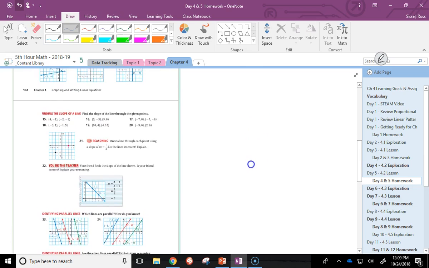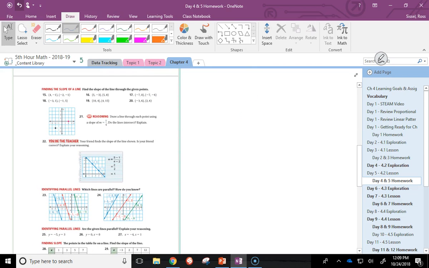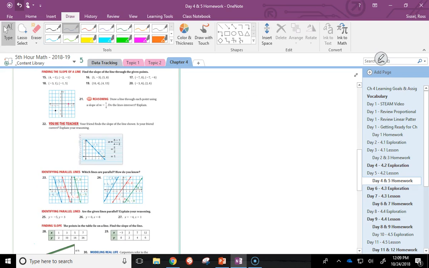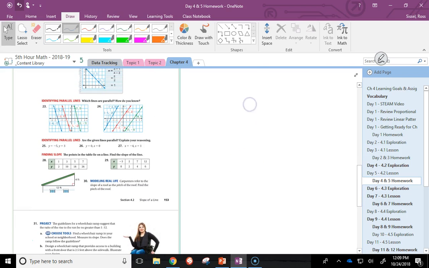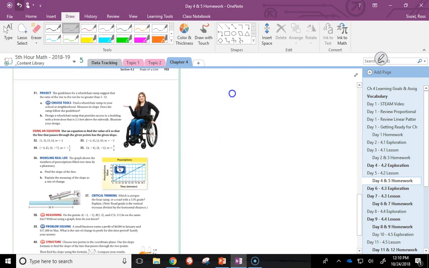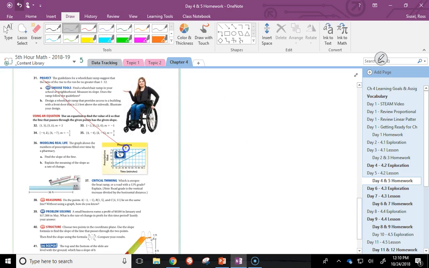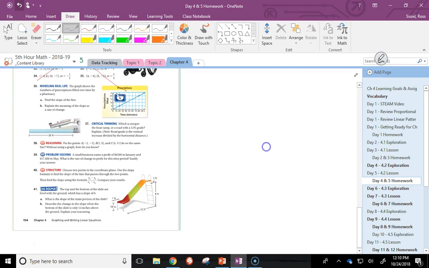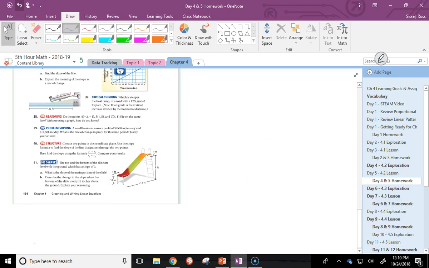On 9 through 22, you are finding slope. And then on 23 and 24, you are finding parallel lines, what I just talked about. Then I want you to do 36 through 41.